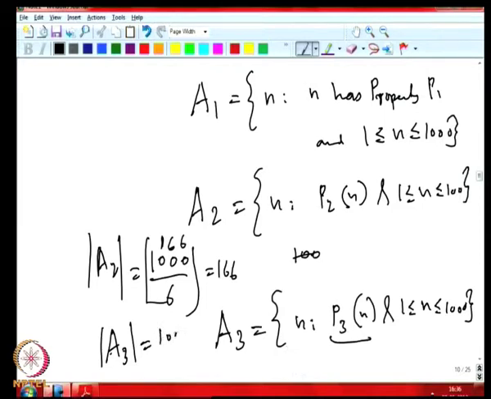That also we can find by dividing by 8 and finding the floor. This is 125.